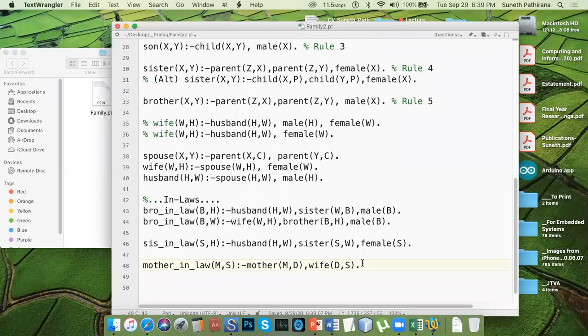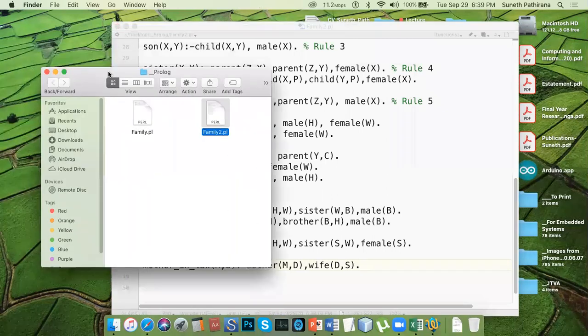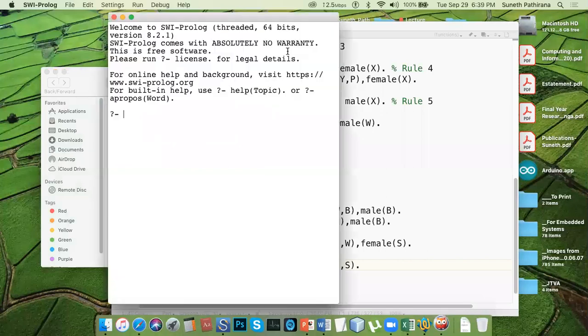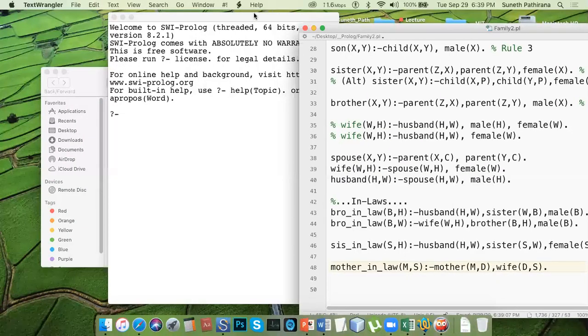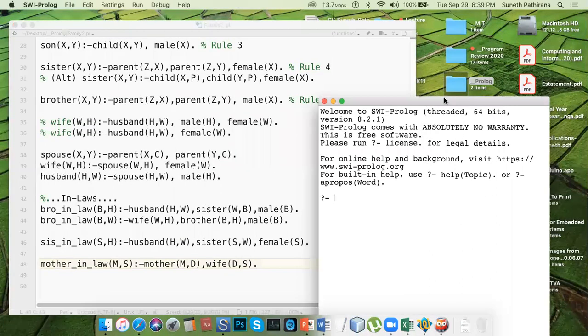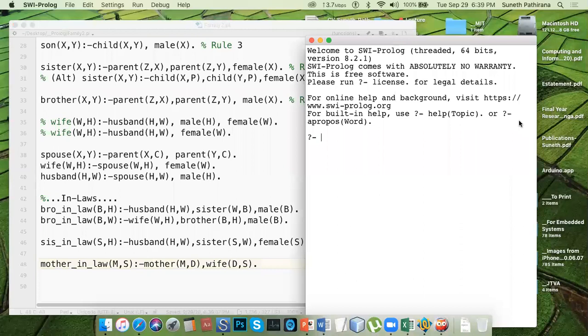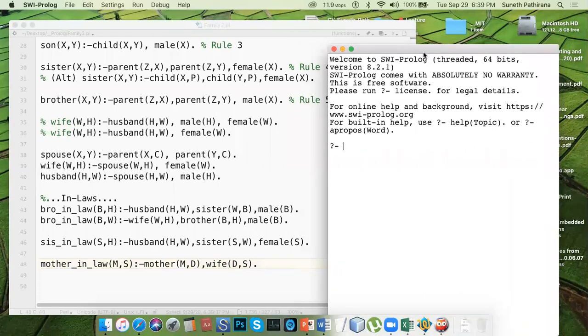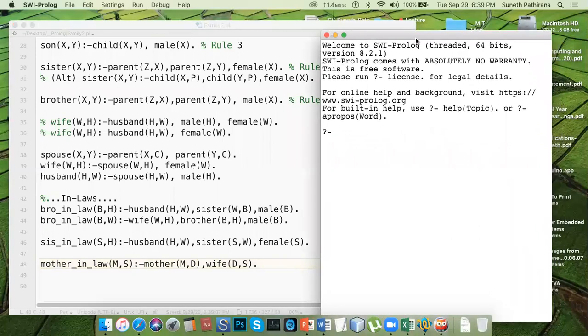Now I think you have an idea how to define these in-law relationships. So we'll try to run this and check whether we have matching answers. First of all, we have to compile this. I forgot how to compile.